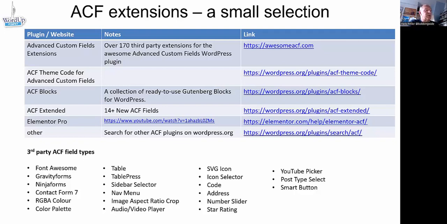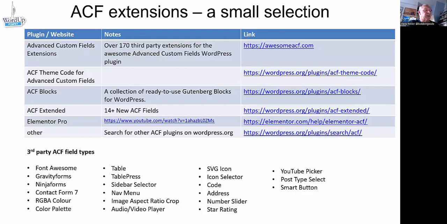There's ACF Extended, which I haven't looked at very much, but it provides 14 additional ACF fields over and above the ones we've listed there, and probably some of those in the list below are part of that. And somebody today said they use Elementor Pro, which enables them to display ACF fields inside their Elementor pages.